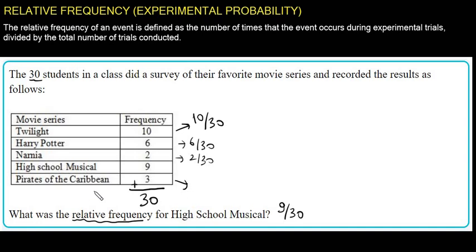And for Pirates of the Caribbean, it will be 3 over 30. And also we can simplify these. So it's going to be 1 over 3 if you divide both numerator and denominator by 10. Divide numerator and denominator by 6, you'll get 1 over 5. Divide by 2, you'll get 1 over 15. Divide by 3, you will get 1 over 10. These are the relative frequencies.